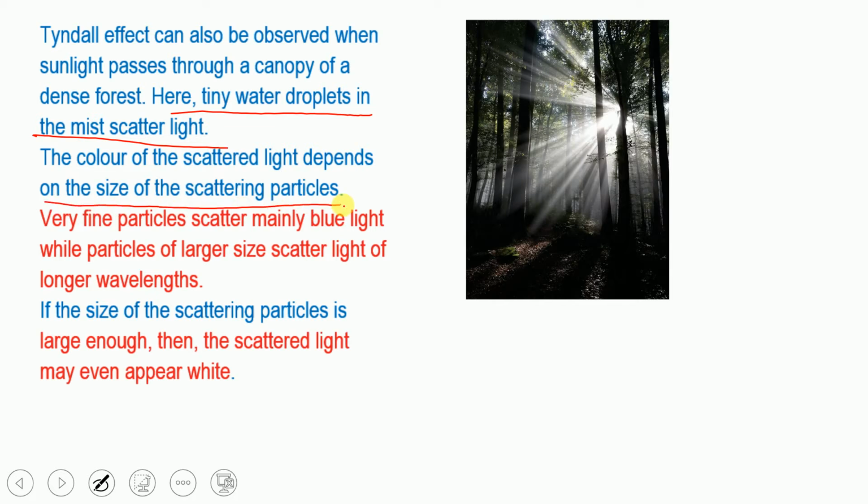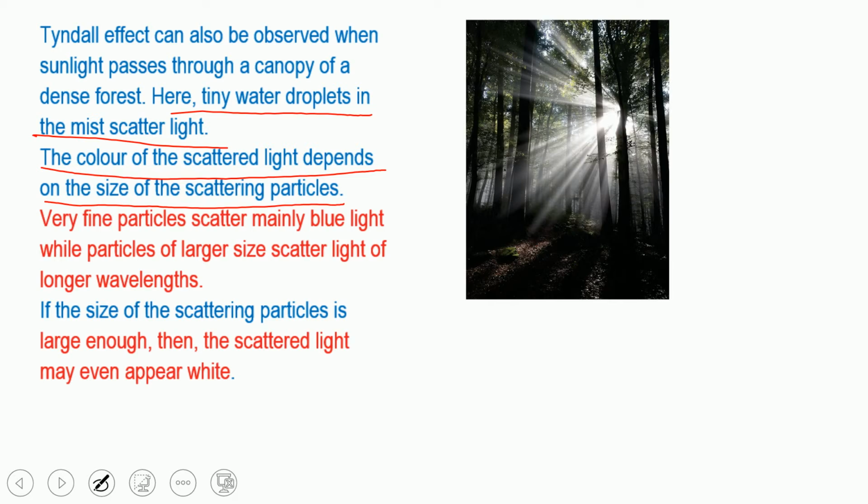The color of the scattered light depends on the size of the scattering particle. That is also very important. In the introduction I told you that when light scatters, its color depends on the size of the scattering particle. Understand?